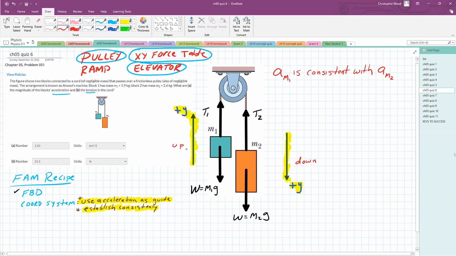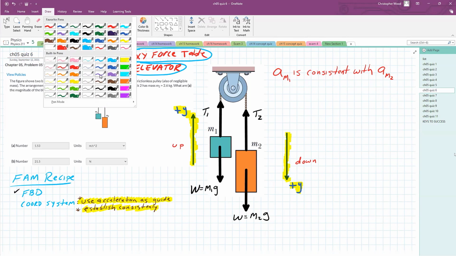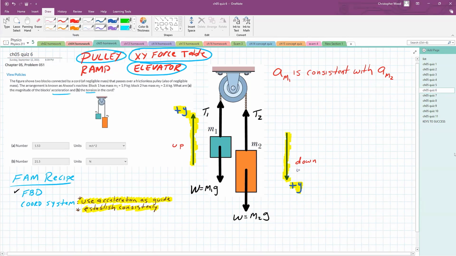Alternatively, if mass 2 were accelerating upward, then mass 1 would have to be accelerating downward.